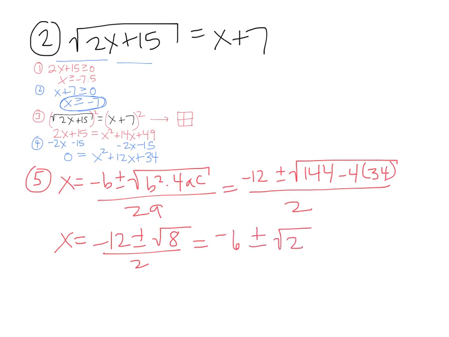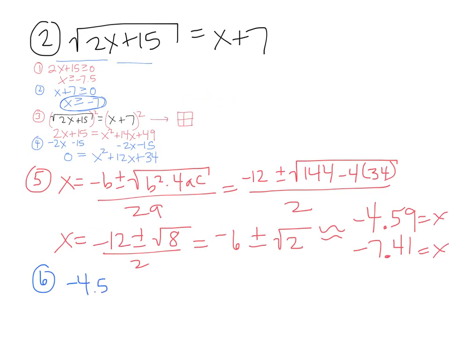If you put that into your calculator, you should get numbers that are approximately negative 4.59 and negative 7.41. So if these are our x values, and we look back at our restricted domain, we're on step 6 now. I want to know, are both of these numbers bigger than or equal to negative 7? Well, negative 4.59 is greater than or equal to negative 7, so that one's okay.